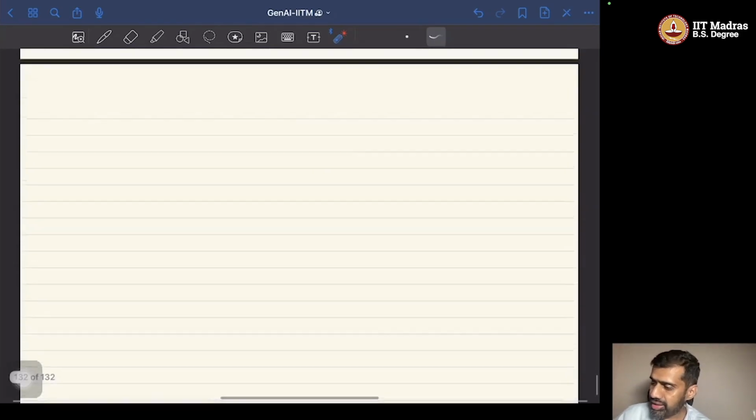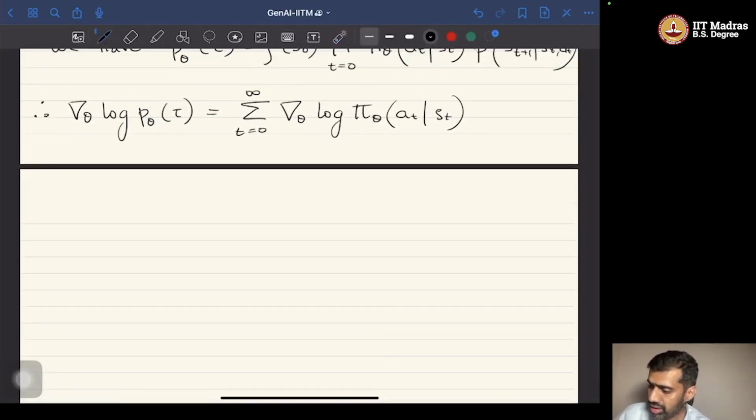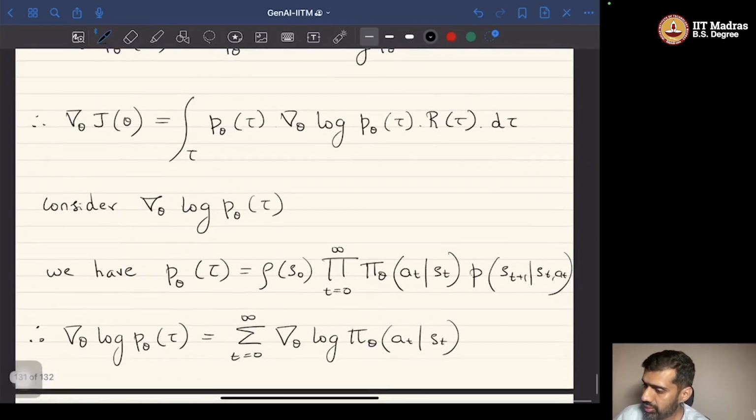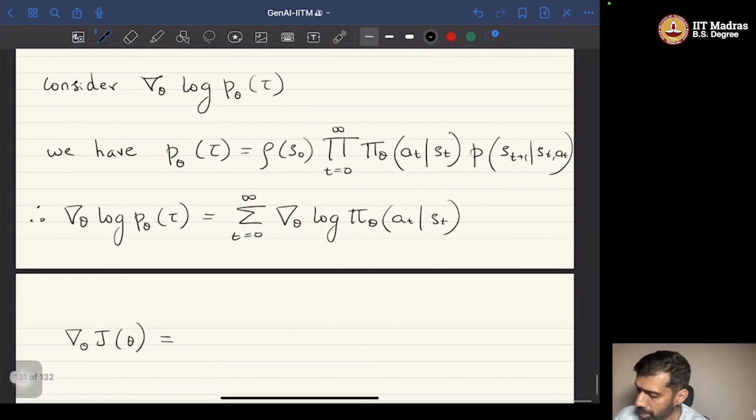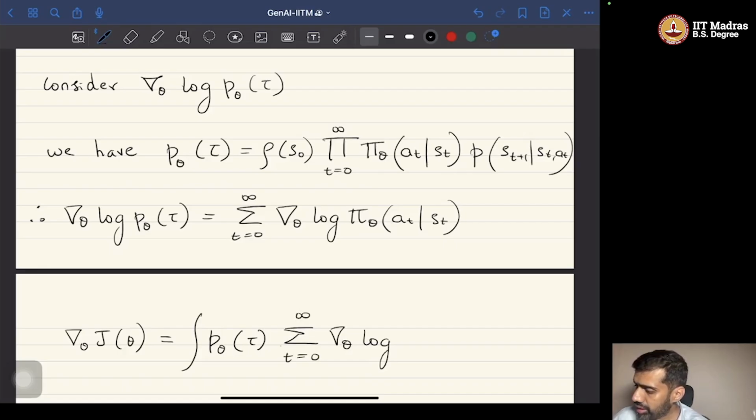Now putting this back, the gradient of the objective function is simply given by the integral of p theta of tau times the sum from t equal to 0 to infinity of the gradient of log of pi theta a_t given s_t.